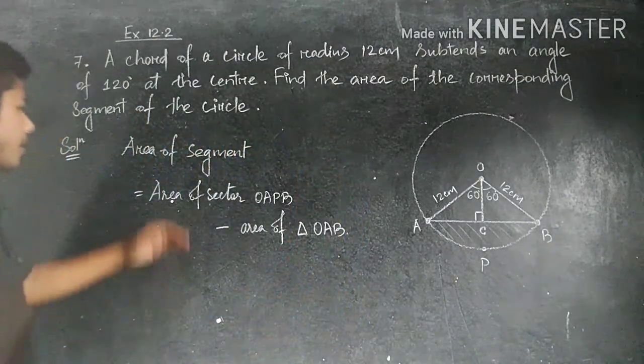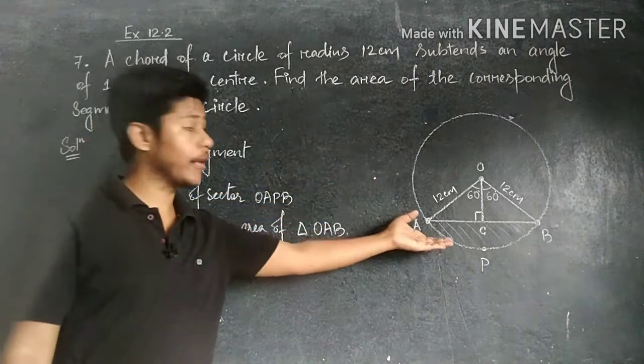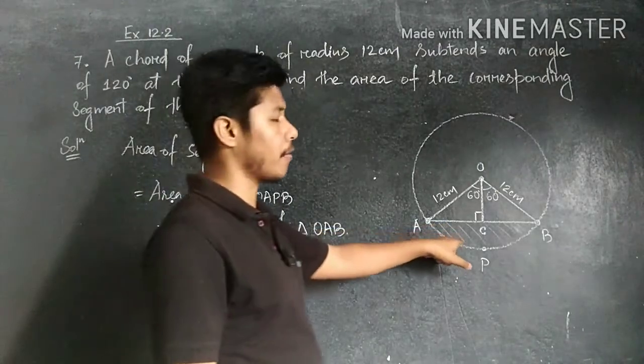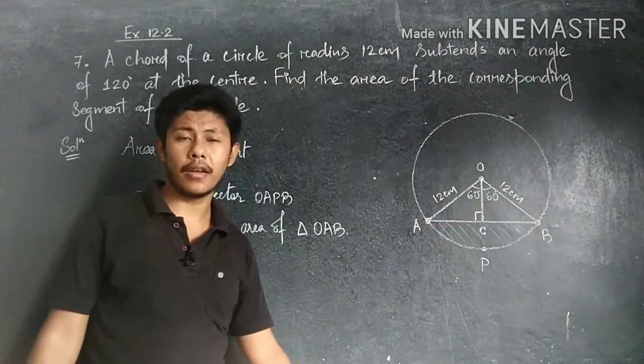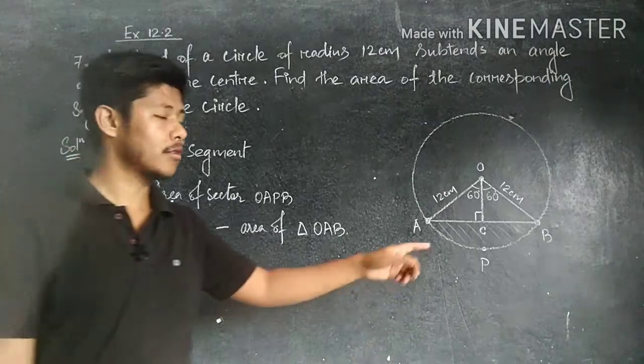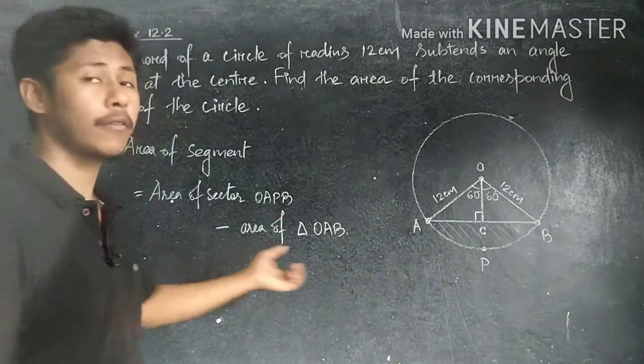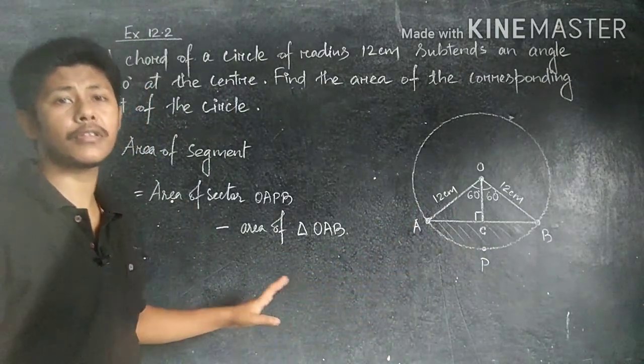Is it clear? Sector value already we get and triangle value already we get. If you put these values, then easily we can find out the segment part. Is it clear? I think all of you understood. Solution is already given. If you face any problem there, then you can see the solution also. I think all of you understood this one now.